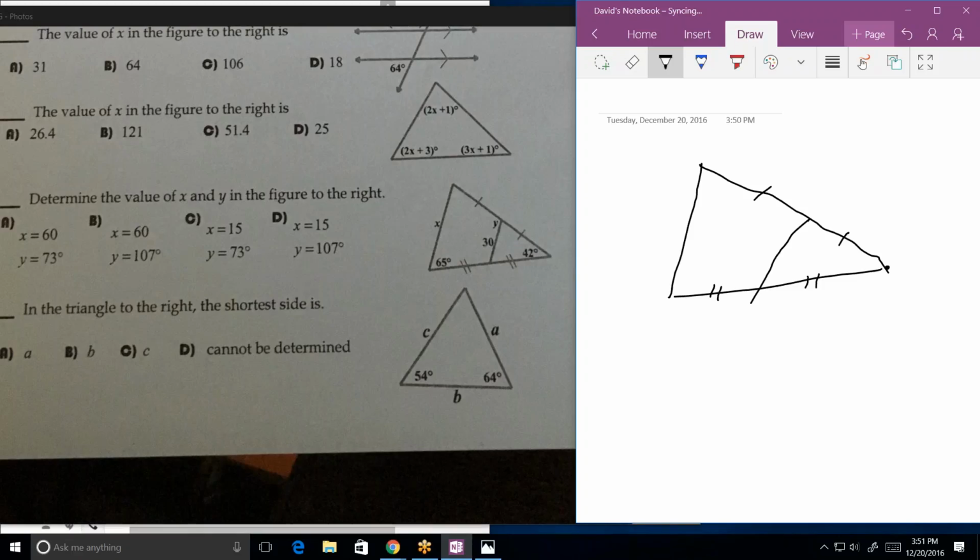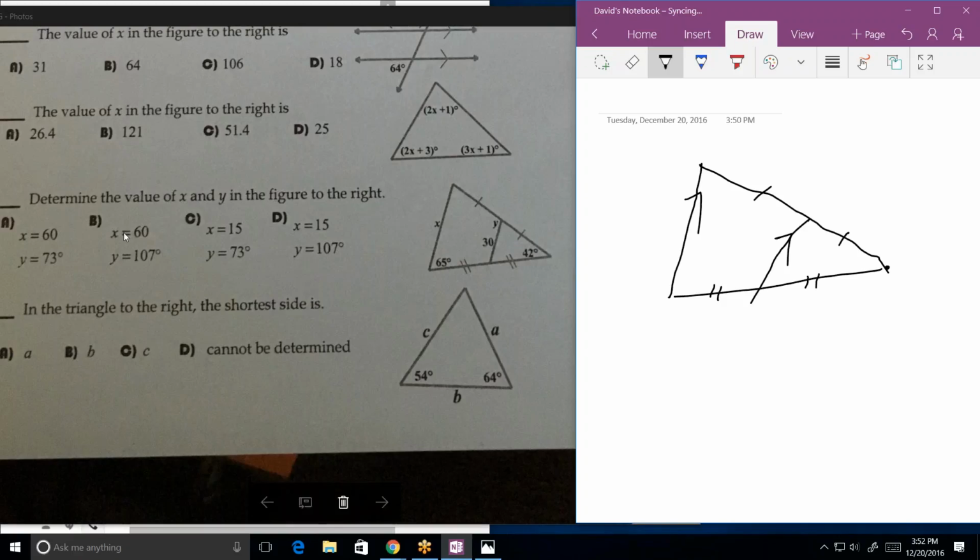Maybe not. In other words, when you end up bisecting both sides, it may by definition mean that those are parallel. And if they are parallel, then you know that this angle is 65, and that's 107, and that's what y would be, 107. And that's surely what y is.